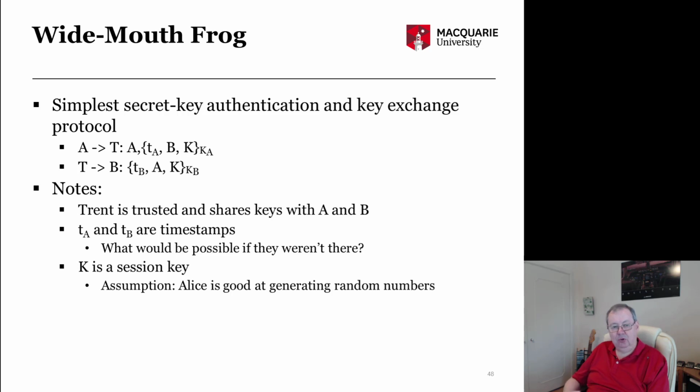Now, this protocol has its weaknesses. And in fact, in the days of secret key or symmetric cryptography, prior to the invention of public key cryptography, there was a lot of discussion and work done on developing what are called key exchange protocols. Because after all, we discussed earlier the key exchange problem.